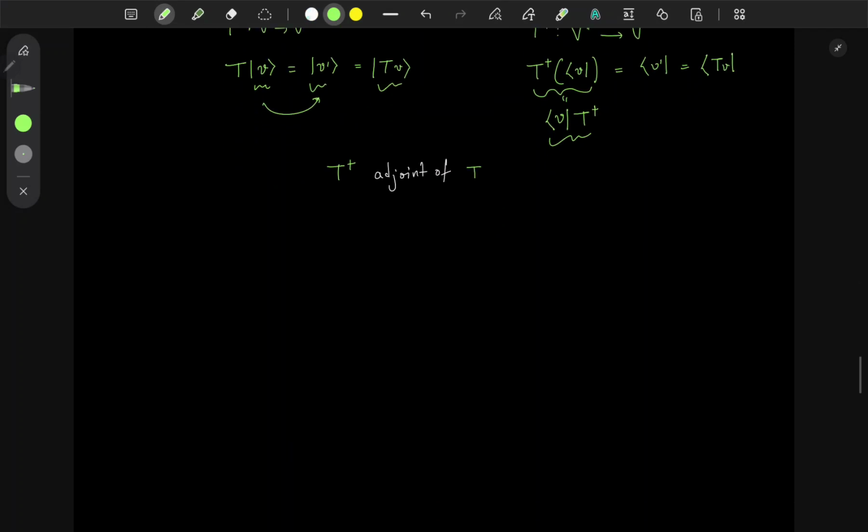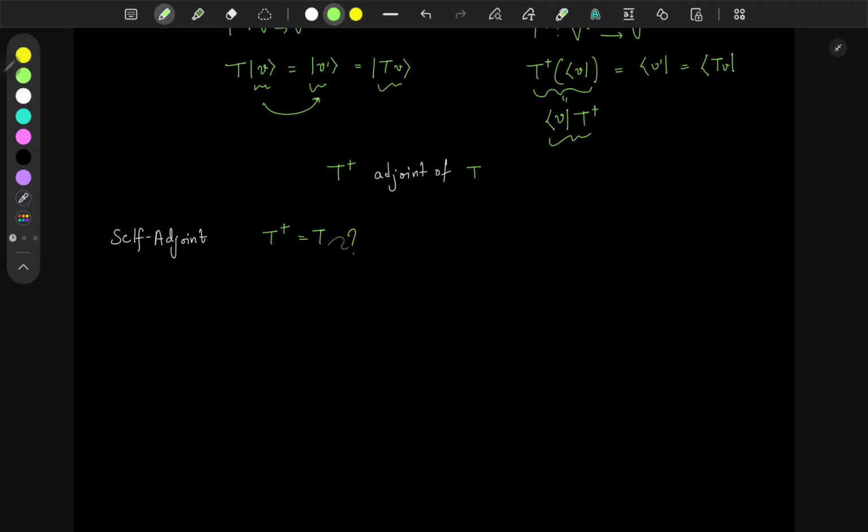Now that we have the adjoint, there is a concept called self-adjoint. A self-adjoint operator is an operator where T dagger is basically equal to T. But what does this mean?